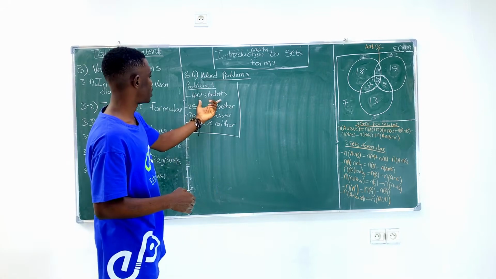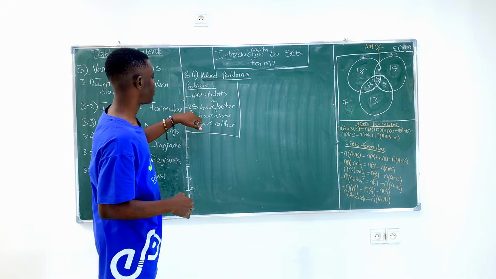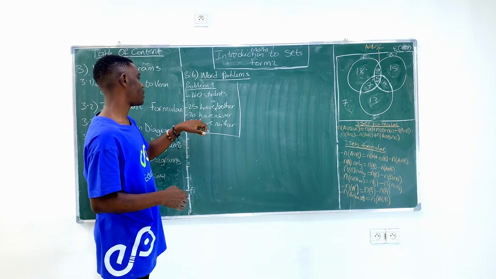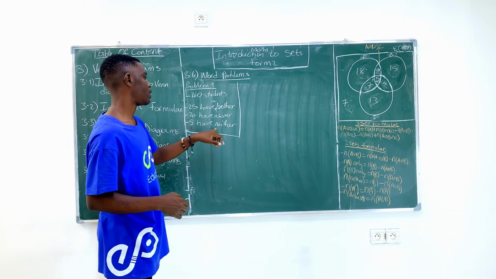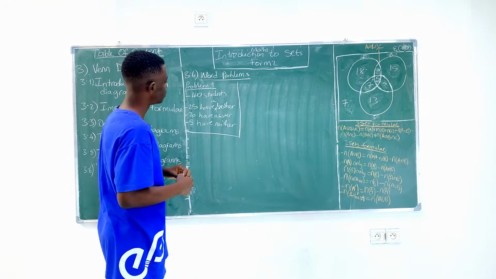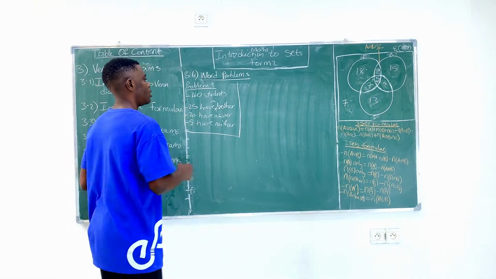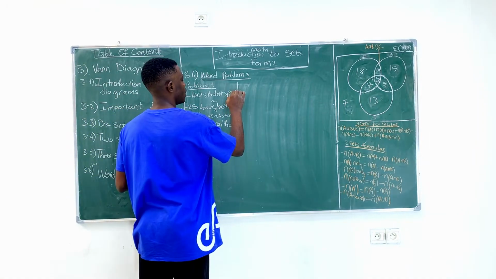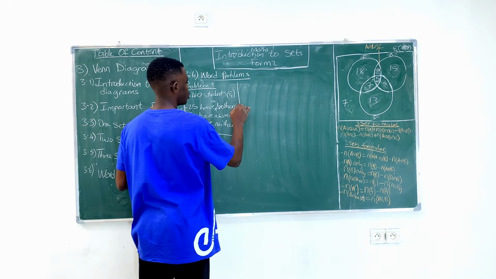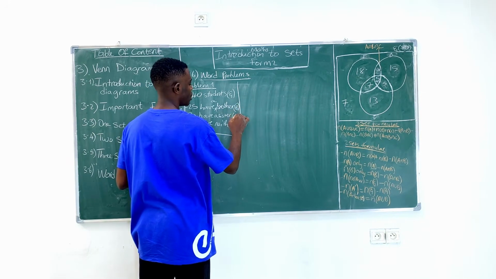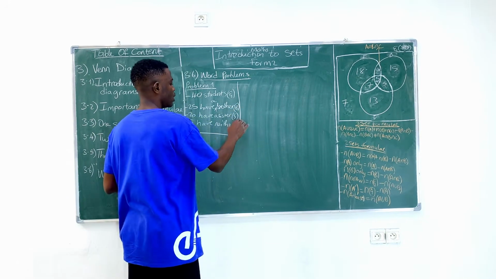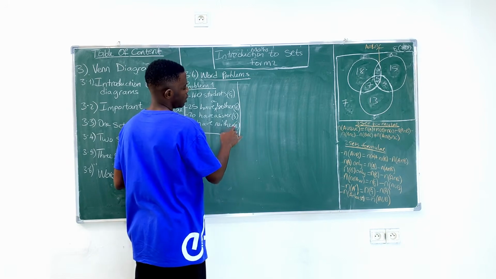So 40 students are in the class. 25 of them have a brother, 20 of them have a sister, 5 of them have neither. Here you see two sets: this will be our brother, this is our sister, and this is our neither.